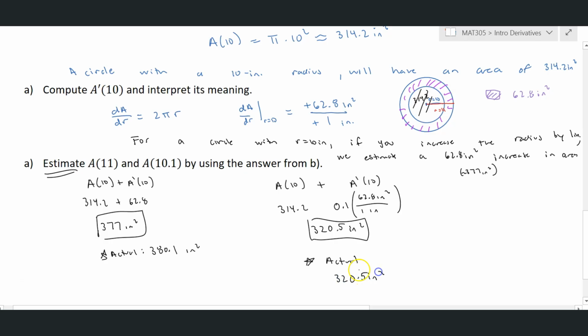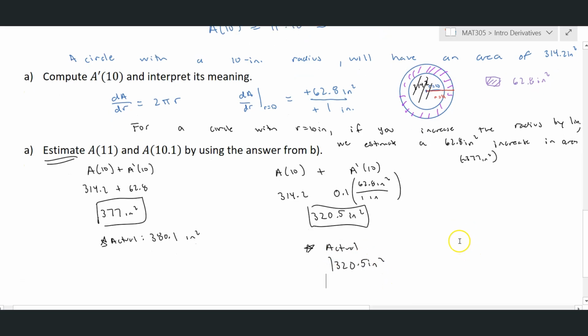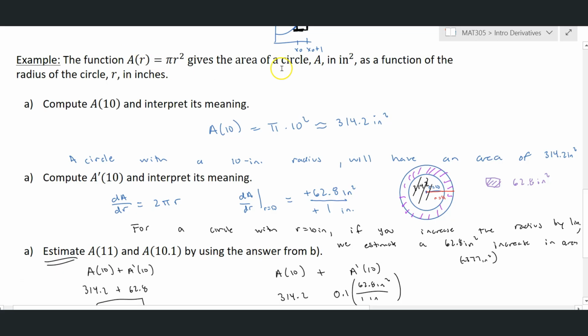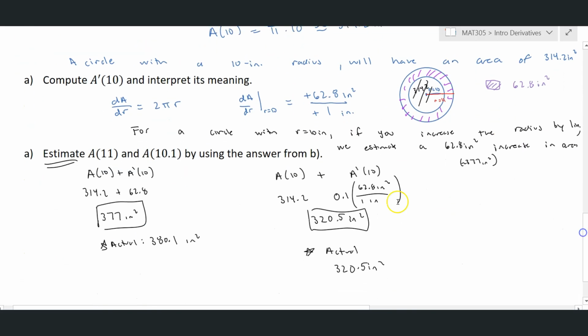Now there is going to be some rounding error there because I just rounded off to the nearest tenth. But look at how much closer it is. So increasing your input by just a little bit keeps the output values more consistent with the exact area function than if you were to increase the input by 1. And this just goes along with that idea of local linearity.